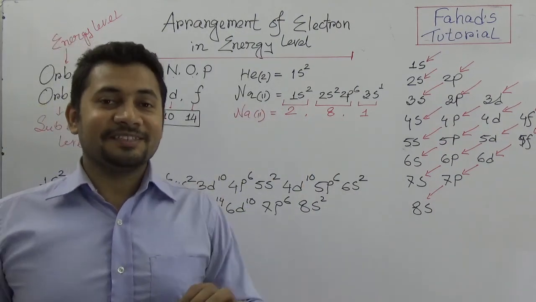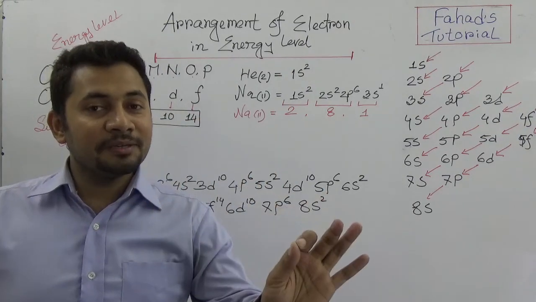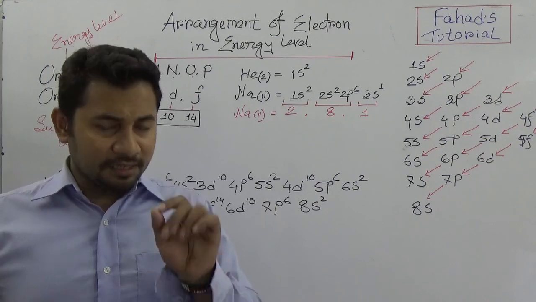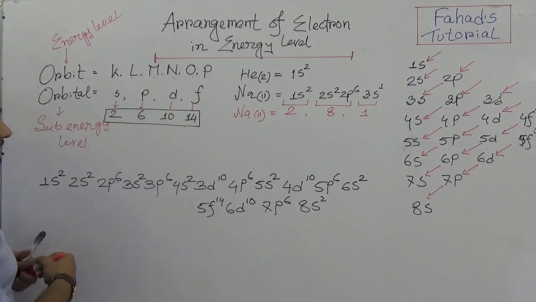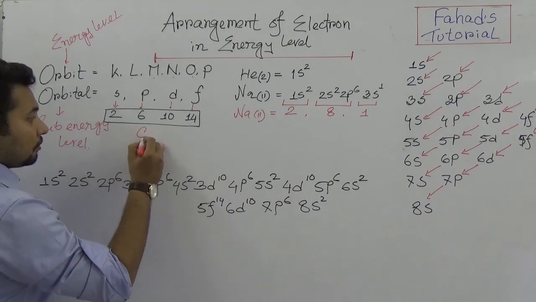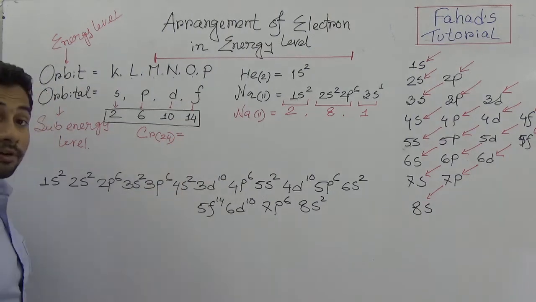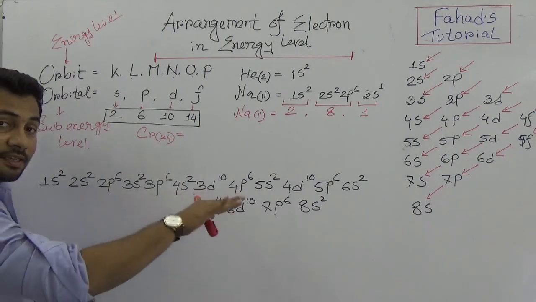But there are some exceptions, like in the case of chromium and copper. There are some things that you need to remember. In the case of chromium 24, we need to reach 24 according to this arrangement.